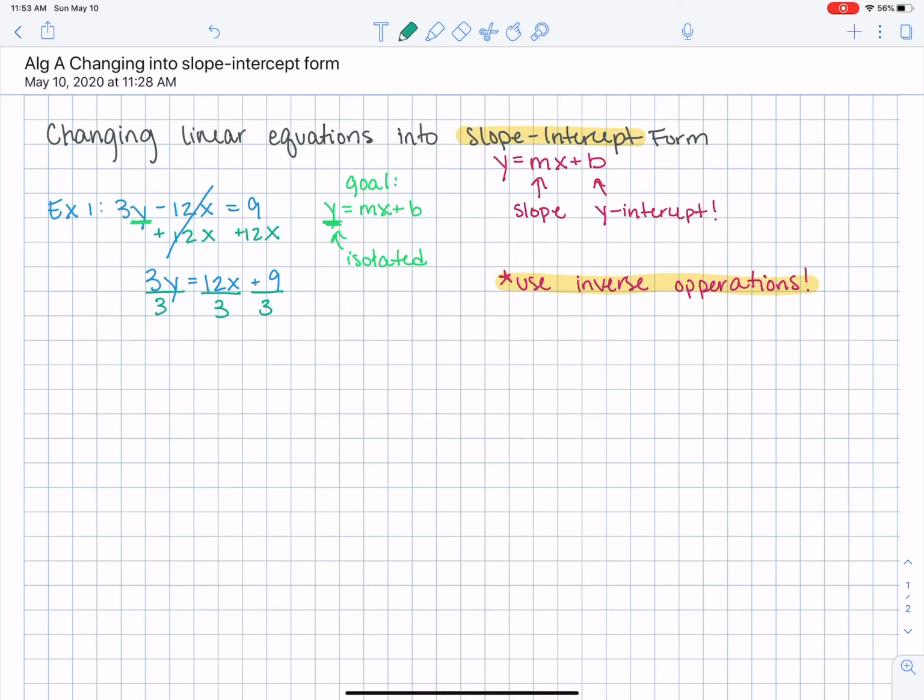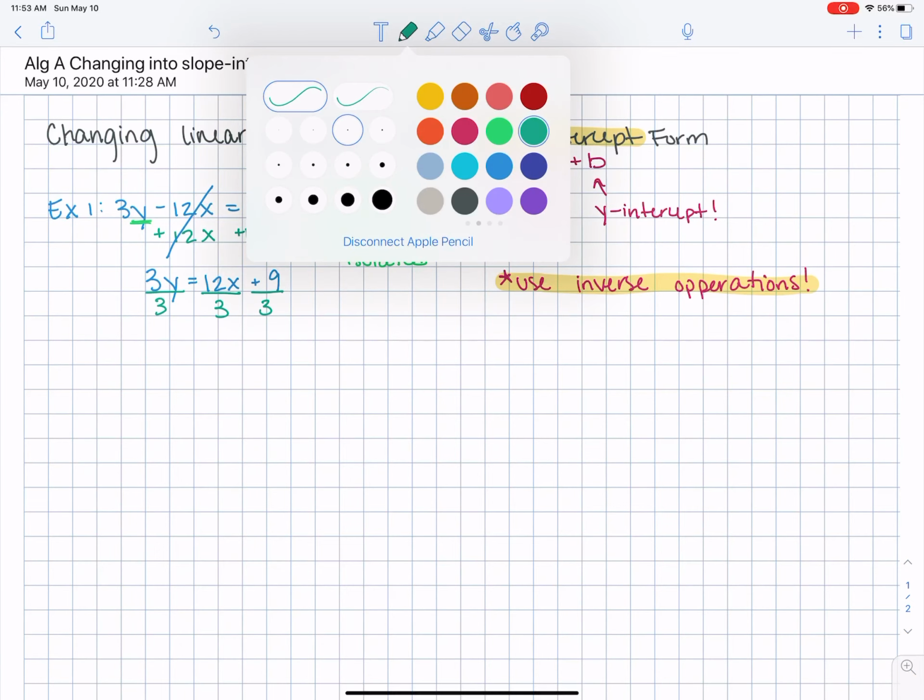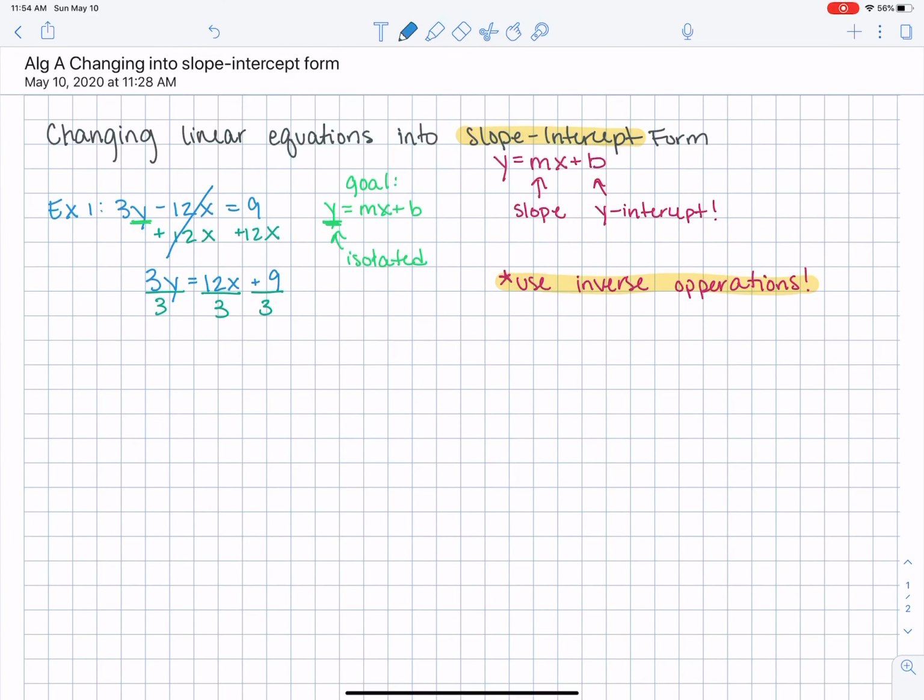We're dividing, and if you divide one thing, you have to divide everything. So 3 divided by 3 just leaves you with that y. So y is equal to, let's reduce, 12 divided by 3 is 4x, and 9 divided by 3 is 3. Now it looks like slope-intercept form, and we can pull out some information from this.